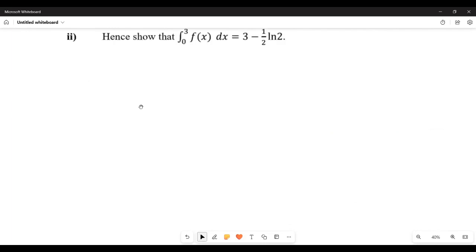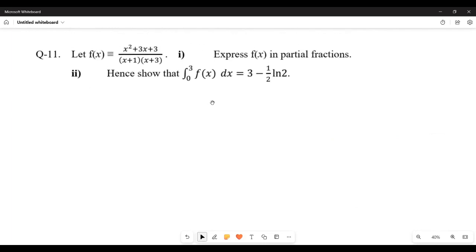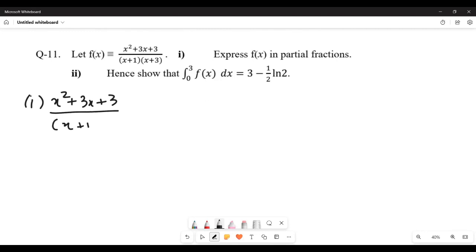Let f(x) equal that. Express f(x) in partial fractions. That's going to be (x squared plus 3x plus 3) upon (x plus 1)(x plus 3) equals, since they're just linear factors, it's going to be A upon x plus 1 plus B upon x plus 3.